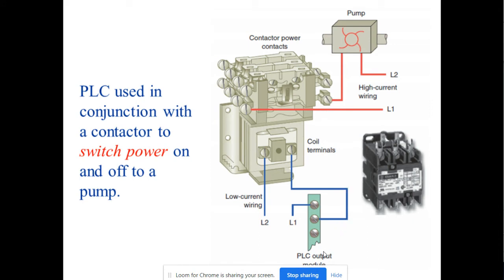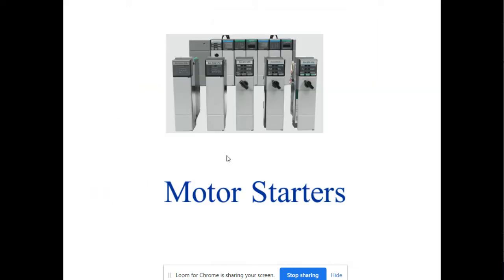We cannot connect the pump directly to the PLC because it needs very high power. That's why we need this contactor, so that we can have proper wiring of the system.